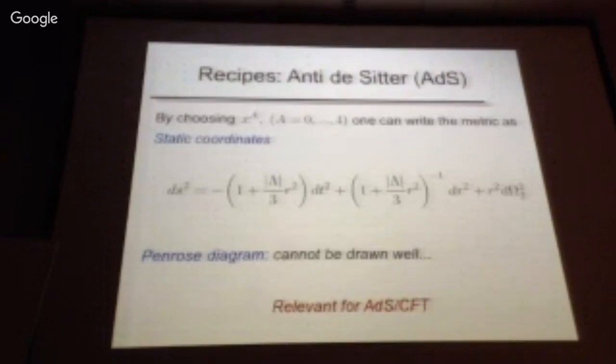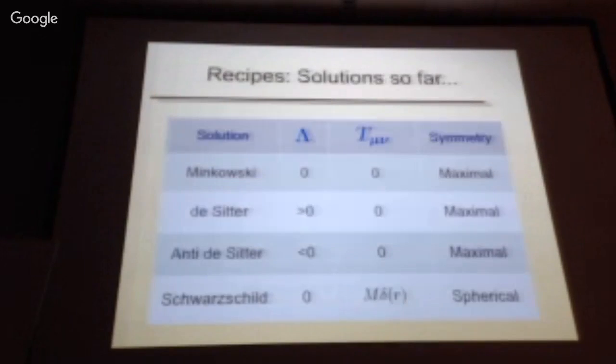So the Penrose diagram, you can try to write it, but it's not very helpful. You don't actually get something that looks compact, just points separated from space, so it's not very useful. However, this spacetime will be very useful for the people who will stay in the string theory part of the lectures, because of what is called the AdS/CFT correspondence.